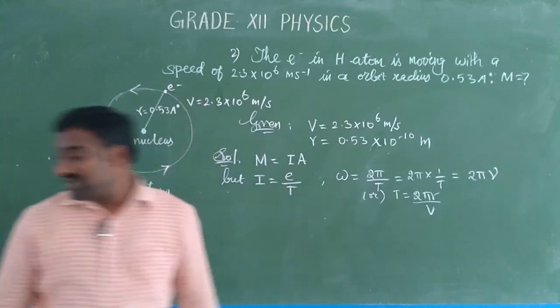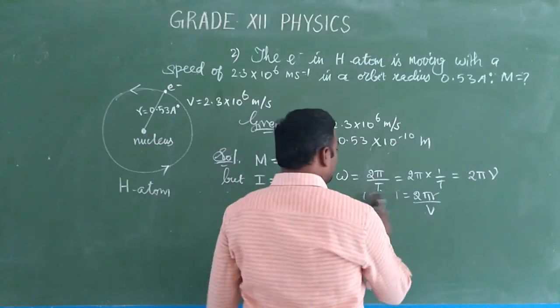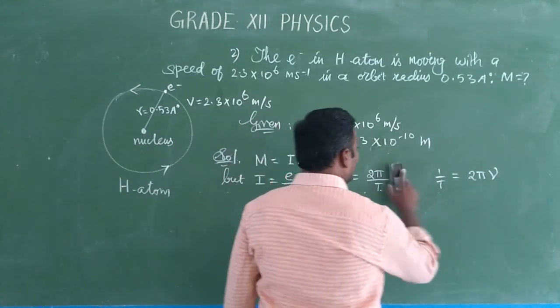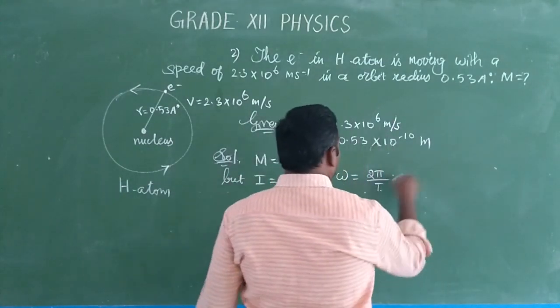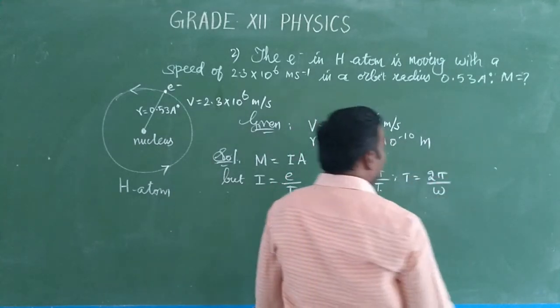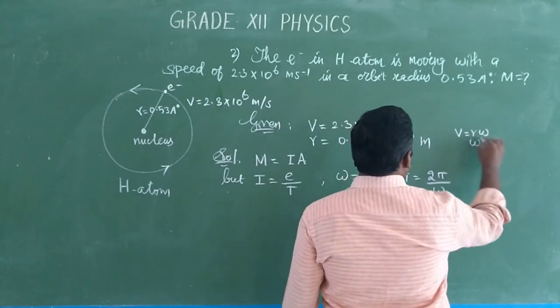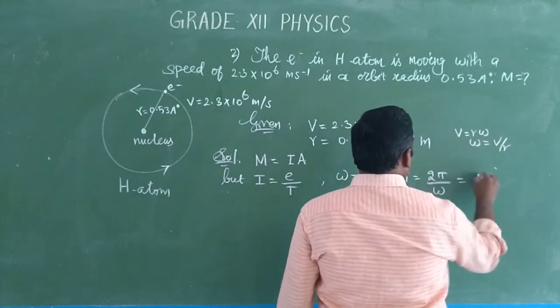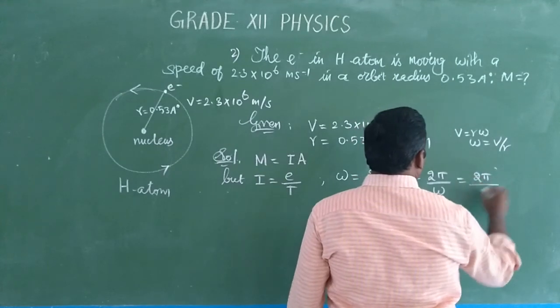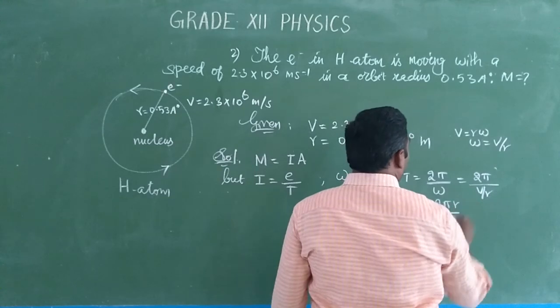So we have two relations. Angular velocity is equal to angular displacement by time, so T is equal to 2 pi by omega. v is equal to r omega, so omega is equal to v by r. So 2 pi divided by v by r, which is equal to 2 pi r by v.